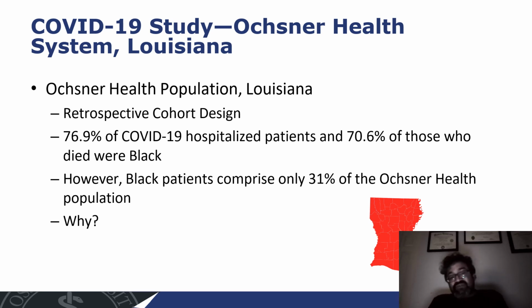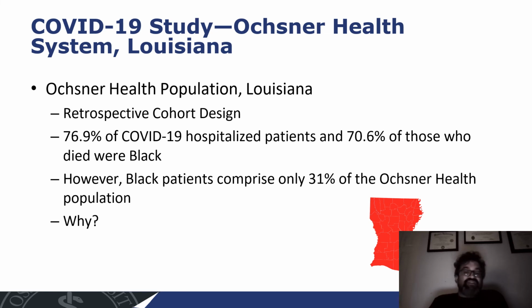So let's look at what happened in the COVID-19 study. The Ochsner Health population in Louisiana was a retrospective cohort design. 76.9% of COVID-19 hospitalized patients and 70.6% of those who died were Black.